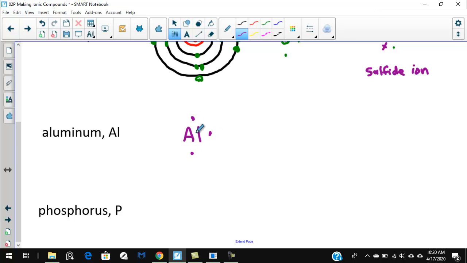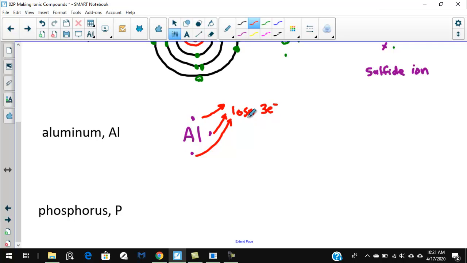so that tells me there's 3 electrons around aluminum. Now, aluminum is a metal, so it wants to lose. So we're going to lose all 3 of these electrons. 1, 2, and 3. They're all going to come off because it's easier for aluminum to lose 3 electrons than to fill up this orbit, which would take 5 more electrons.